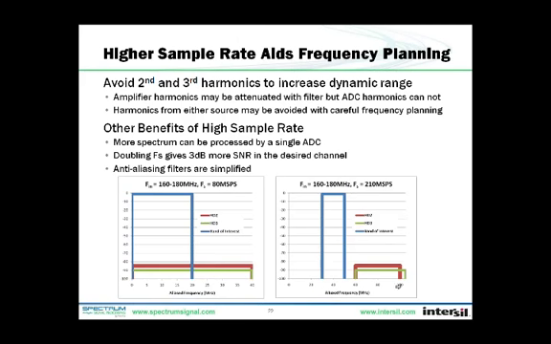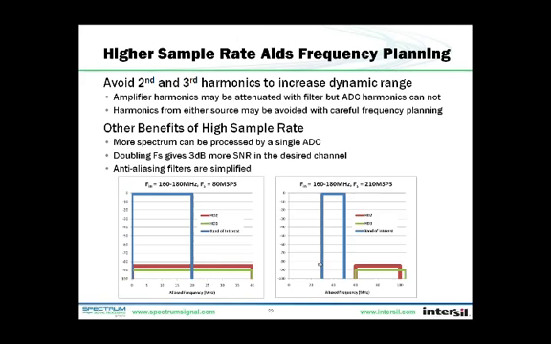Since our Nyquist frequency is only 105 megahertz, the portion of the third harmonic that lies above 105, that would be 105 to 150, 45 megahertz of that HD3, folds around Nyquist and back down to 60 megahertz. So in this example, neither HD2 nor HD3 fall in our band of interest here.